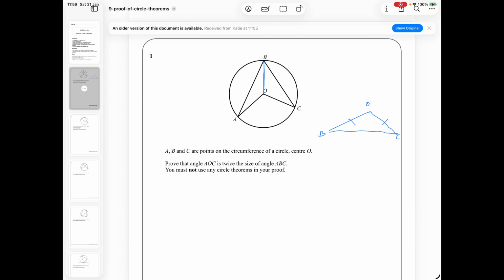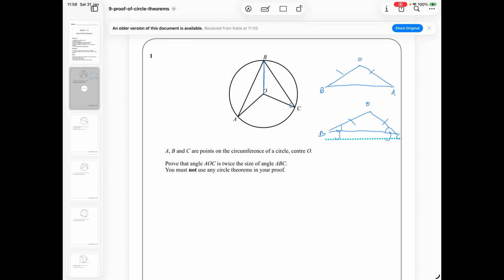And same with ABO. It doesn't have the same length there, but that is O, that is B, and that's A. So we know, based on this, that this one, y, and this one, y, are the same.